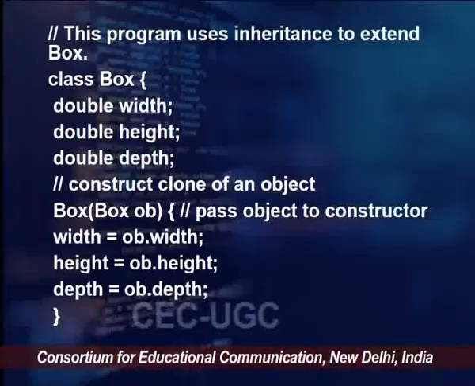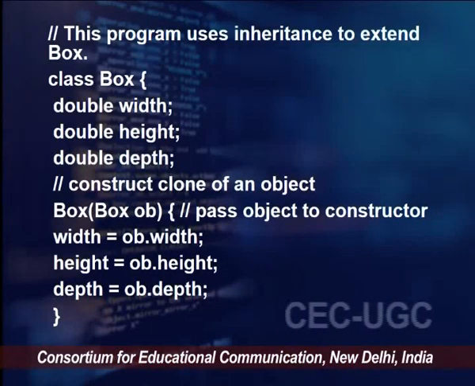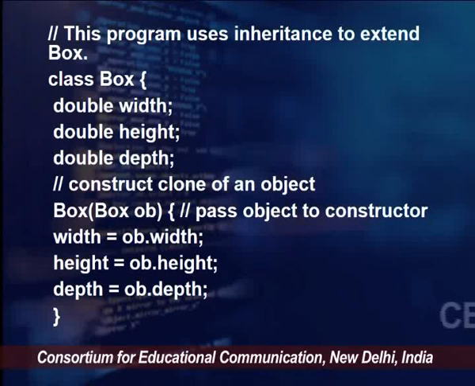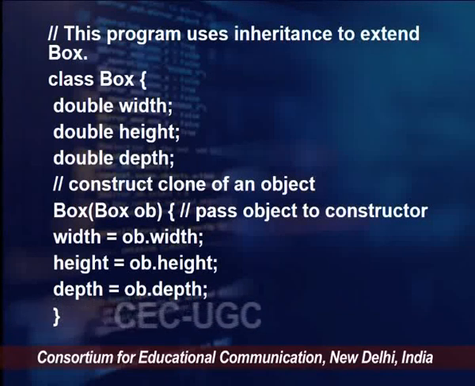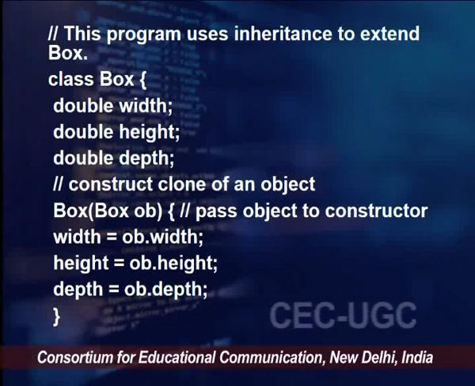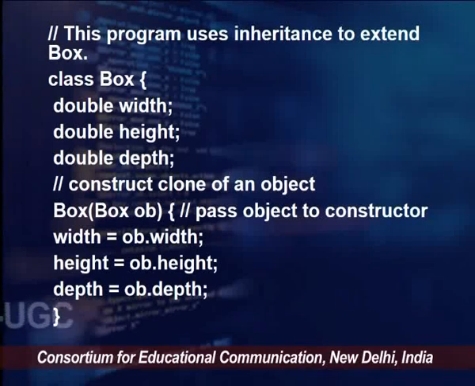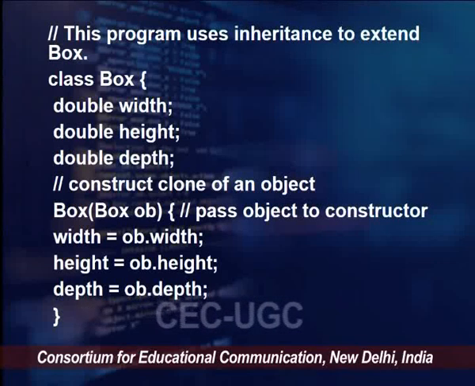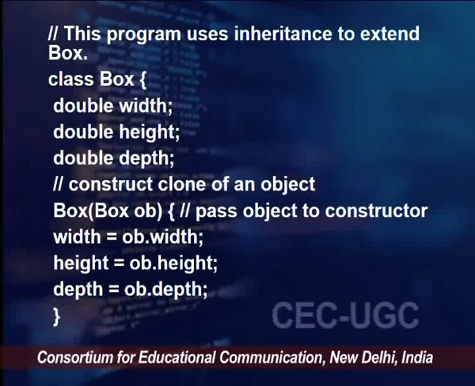So here I am going to take a class Box, and this is an example which we have seen many times in our previous lectures, and we have built many programs around this class Box, which has three double variables: width, height and depth. Here we have used one constructor, and one object is passed to the constructor.